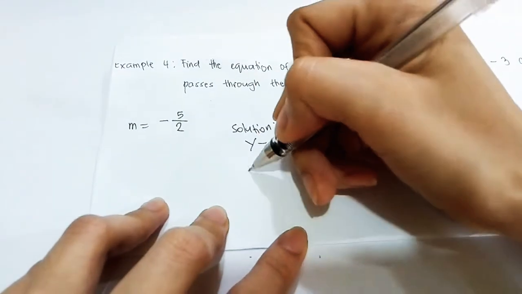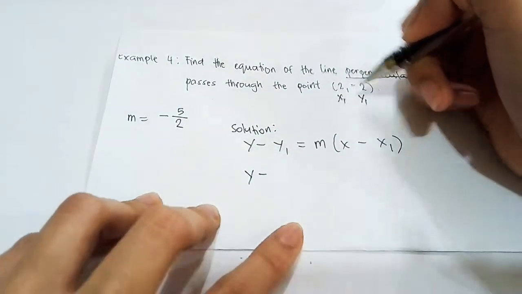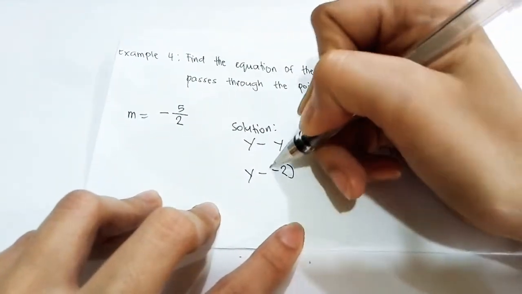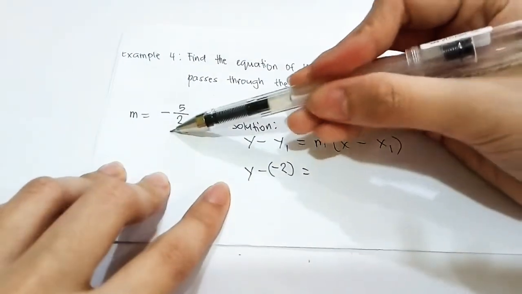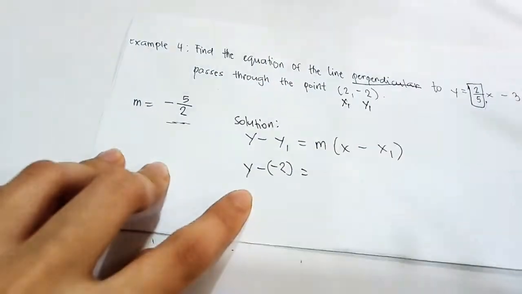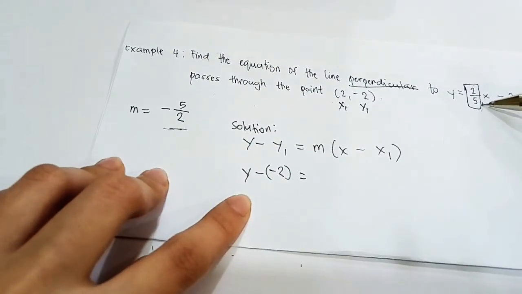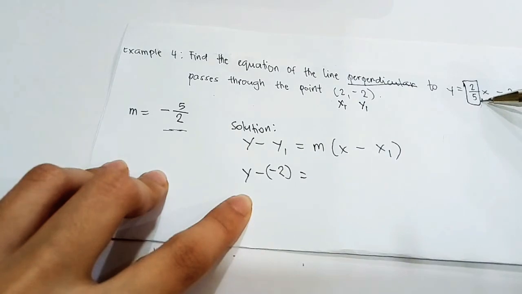So we have y minus y sub 1, which is negative 2, equals, so we're going to use the slope m, which is the negative reciprocal of the slope of the given equation.